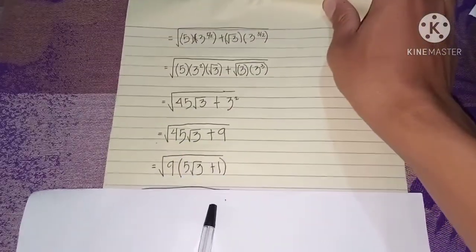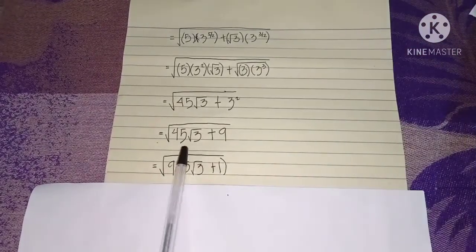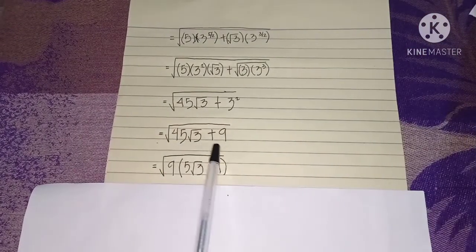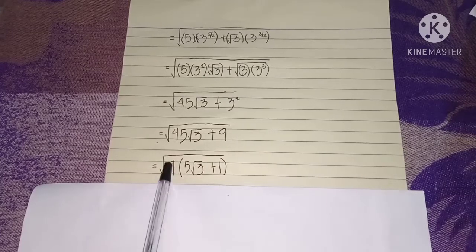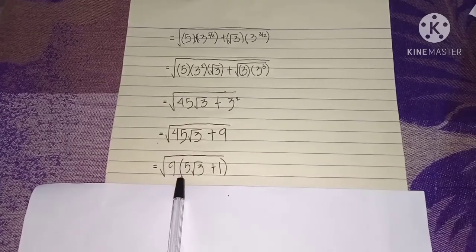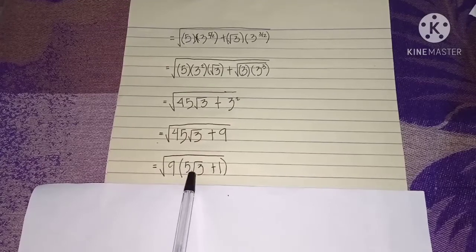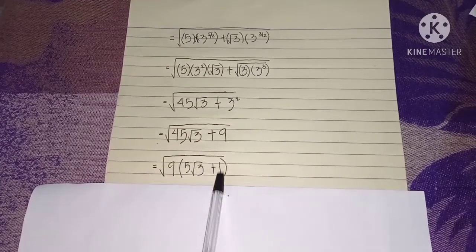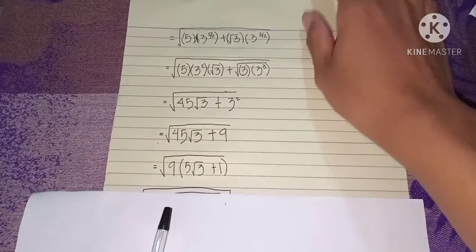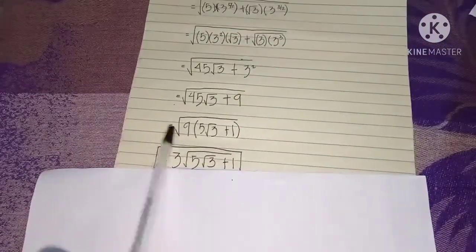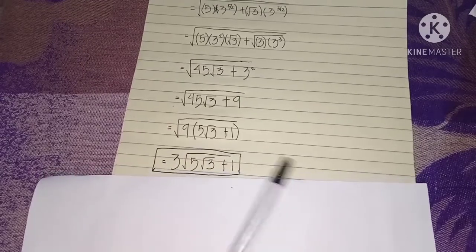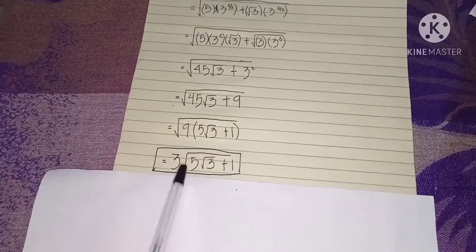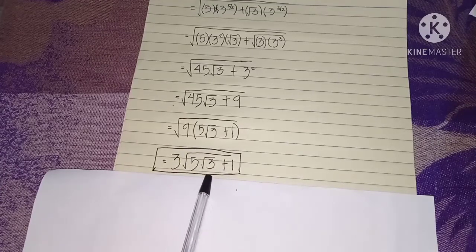Because they have factors, the 45 and the 9, we'll try to get the factors of them, which is 9. Then we have to separate the 5 square root of 3 plus 1, and then the square root of 9 is 3. So we'll place 3 out of the radical, and here's our final answer, which is 3 square root of 5 square root of 3 plus 1.